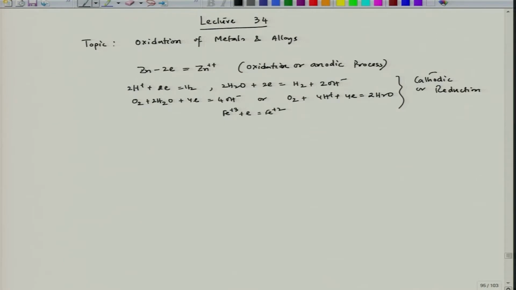In case of gaseous oxidation, if I take a metal like iron to high temperature in presence of oxygen, then iron can react with oxygen and form FeO or Fe2O3, or there could be formation of Fe3O4.